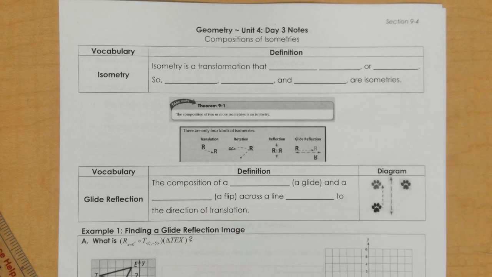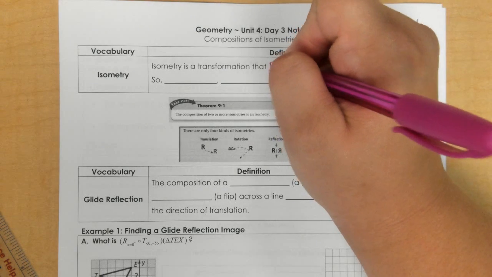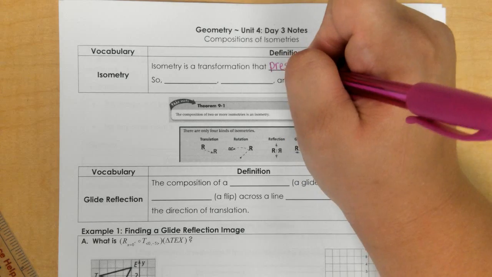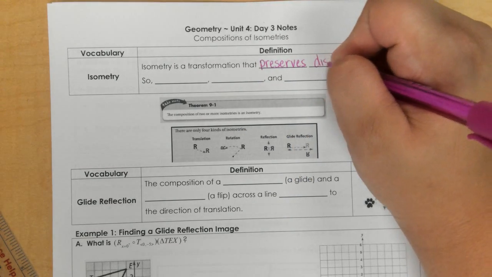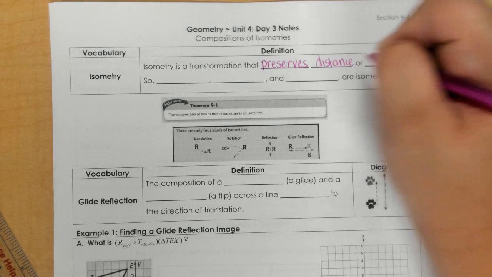So, an isometry is a transformation that preserves distance or length.